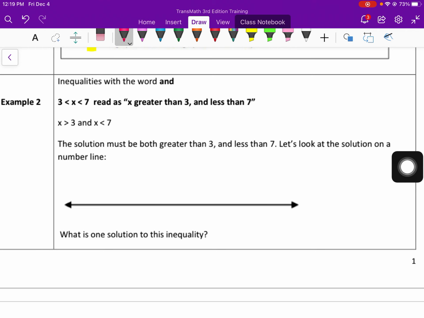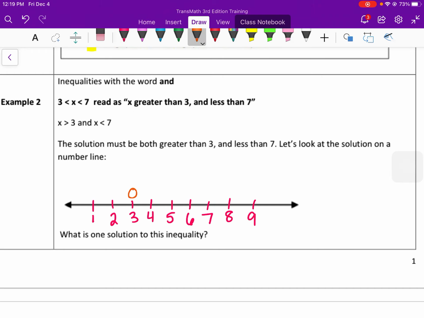Let's look at it on a number line. I'm going to start by counting from 1, and I'm just going to count by ones up to, I think, 9. First, since it is greater than 3, we put an open circle at 3. It is not equal to 3, just greater than.